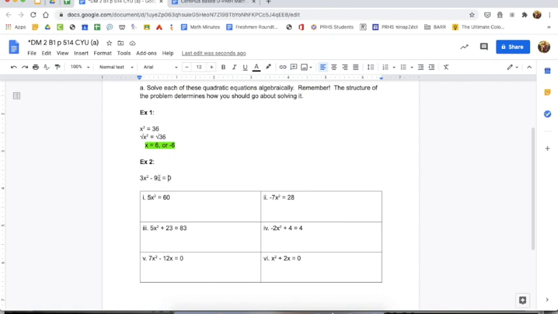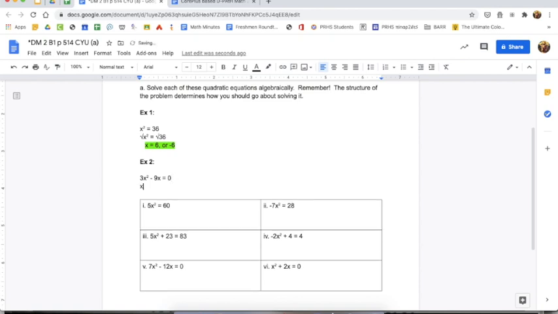That's not the way to solve this. What we're going to do instead is rewrite this in its factored form. And I can see that if I factor out an x, then I'll have 3x minus 9 in the parentheses.